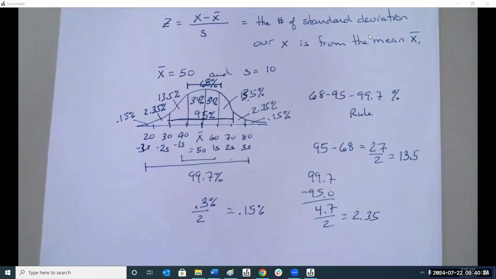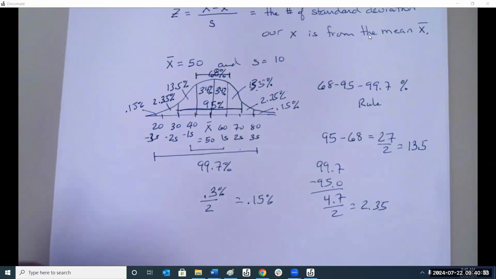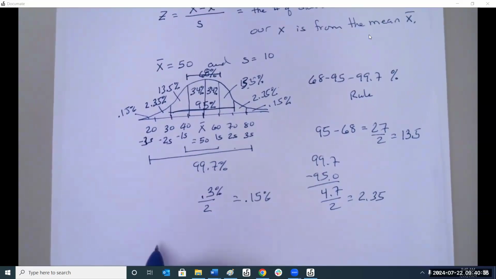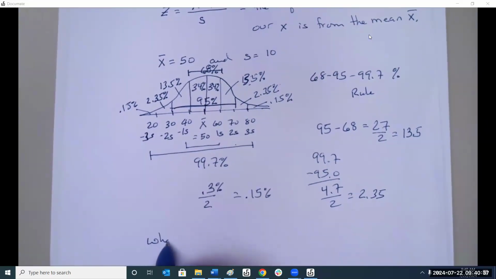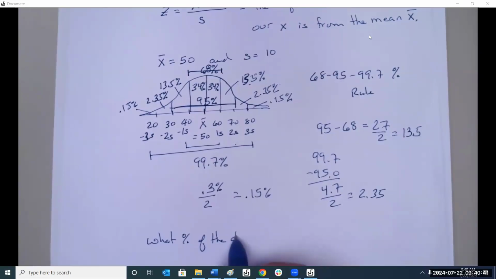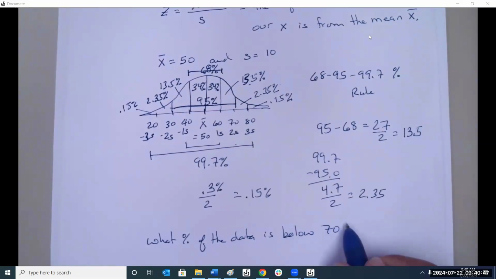Always when we come and check the table. All right, so this works great. If I said, what percent of the data is below 70?